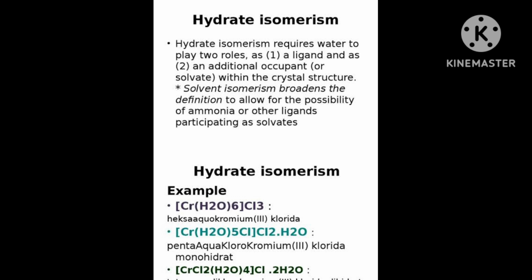When cobalt was bonding with oxygen, its color was red, and as the yellow form, in which the nitrite ligand is bound through nitrogen.